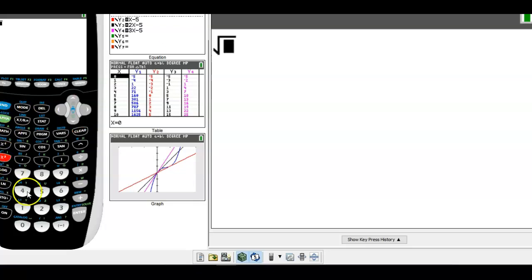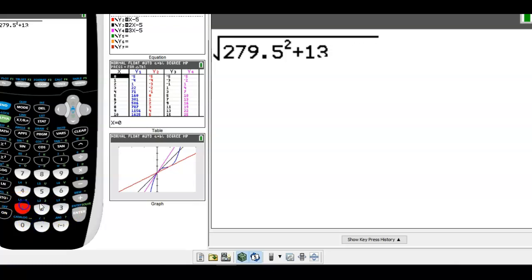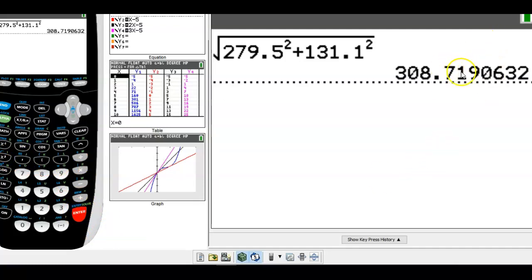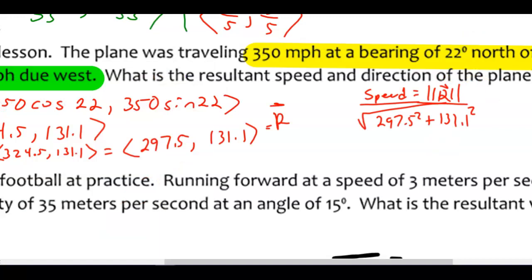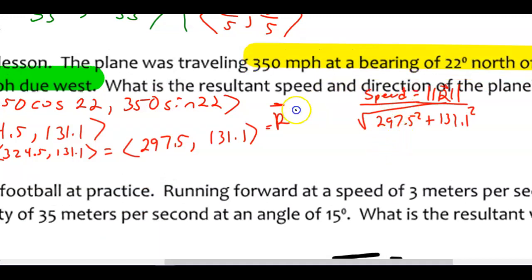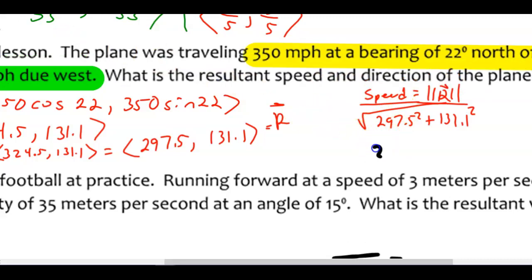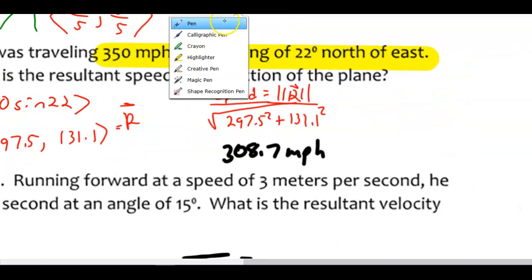Square root of 297.5 squared plus 131.1 squared, and that's going to give us 308.7. So 308.7 miles per hour is our speed.